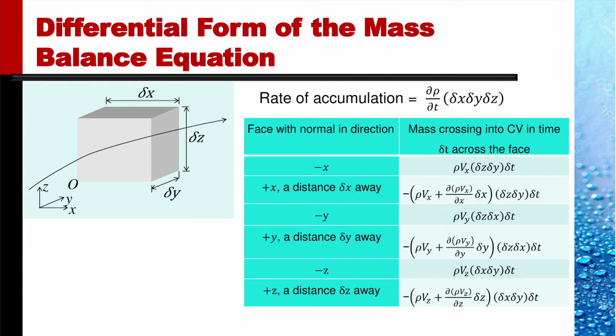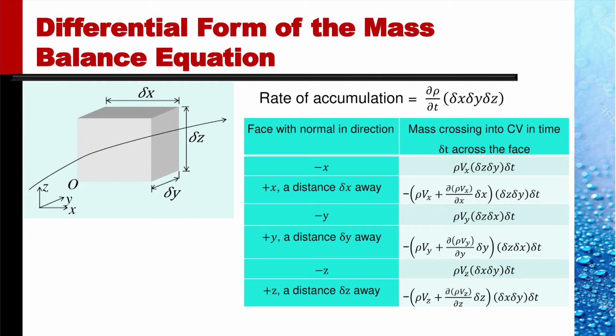Next, let us consider the opposite surface with the normal in plus x direction, a distance delta x away. If velocity is positive, then the mass is moving out of this surface. So this is an efflux. That's why we put a minus sign.